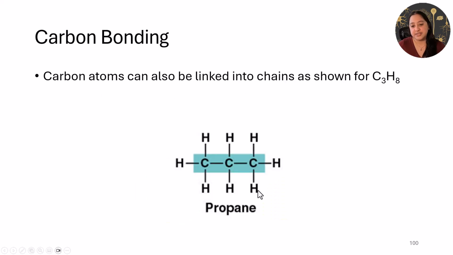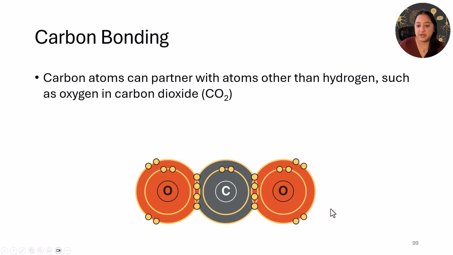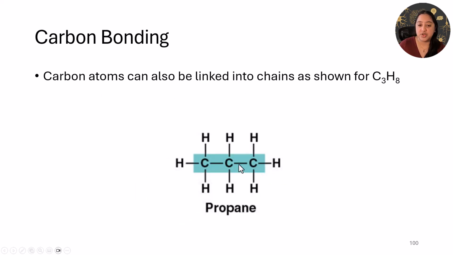Especially in organic chemistry, if you take it, you're going to be talking about molecules that are big, and so we can't always draw out these figures. We can draw these, and sometimes even more simply, we can just draw lines in organic chemistry, and each point of the line represents a carbon.